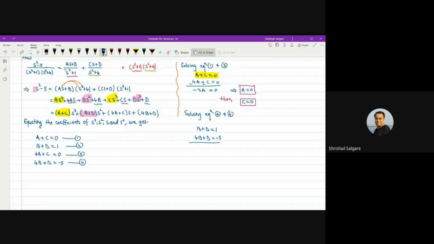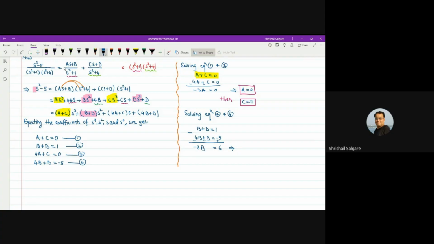If you subtract these two, then B minus 4B is minus 3B equal to 6. Check the calculations and give me confirmation. Minus 3B equal to 6, that is correct.